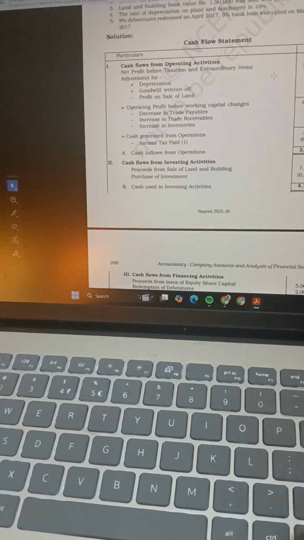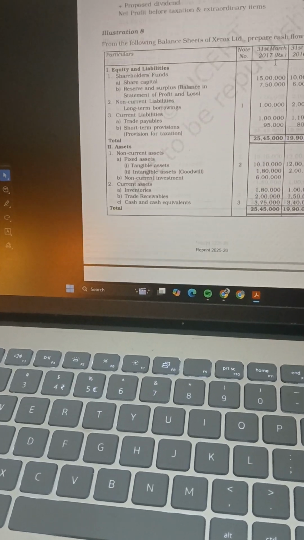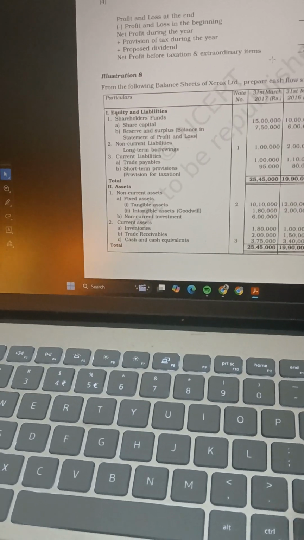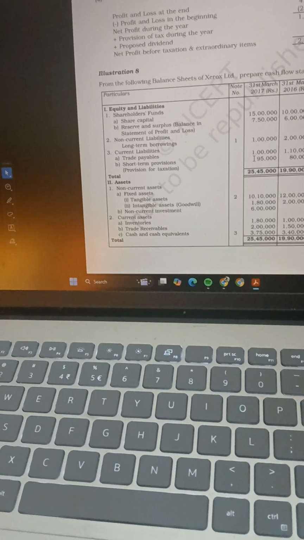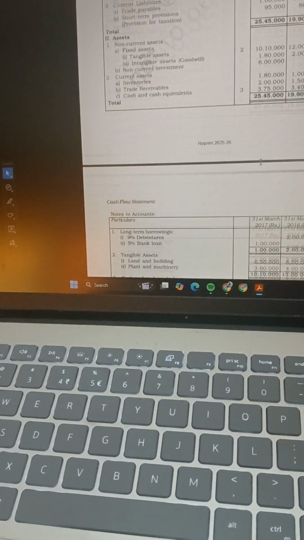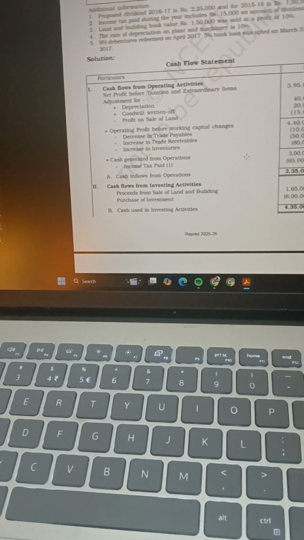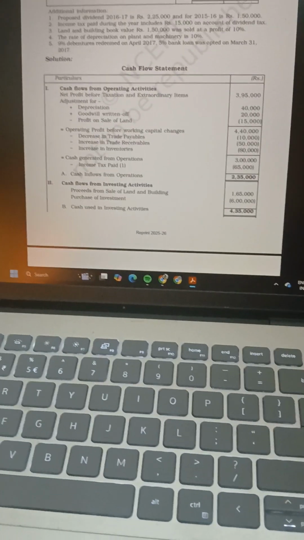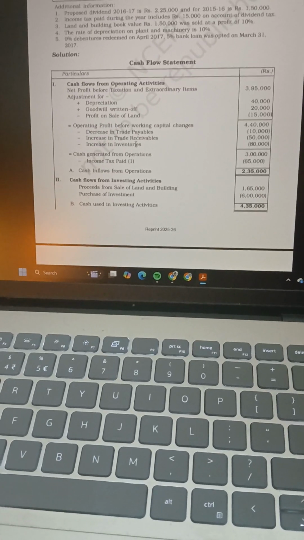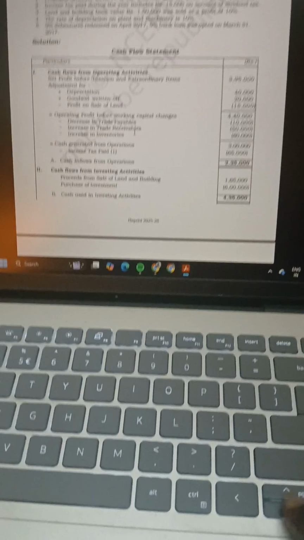Then decrease in trade payables. Moving on to the question, trade payables, previous year balance 1,10,000 minus 1 lakh. That is the decrease, 10,000. Then increase in trade receivables, like we calculated the decrease in trade payables, we have to calculate the trade receivables also by comparing the 2 years balances.